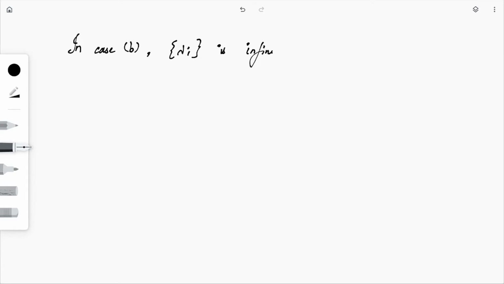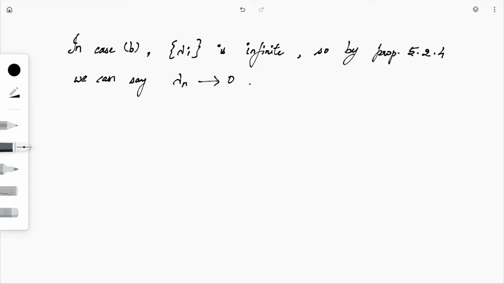By proposition 5.2.4, which we did in the previous chapter, we can say that the sequence lambda n tends to 0.